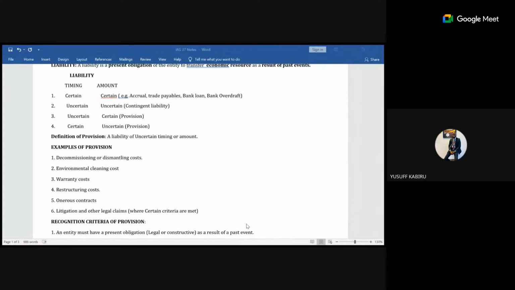So number two is environmental cleanup cost. That is the second example of provision. There are some contracts. In fact, there are some companies in the South where this environmental cleanup cost actually happens, such as oil companies.